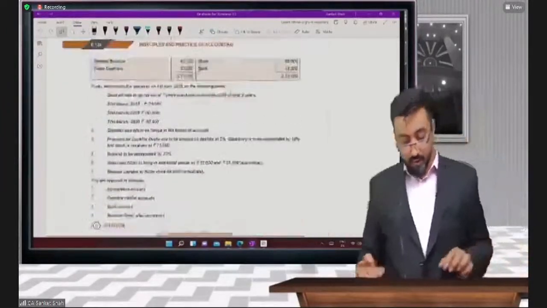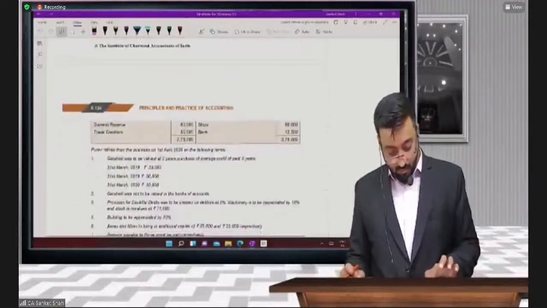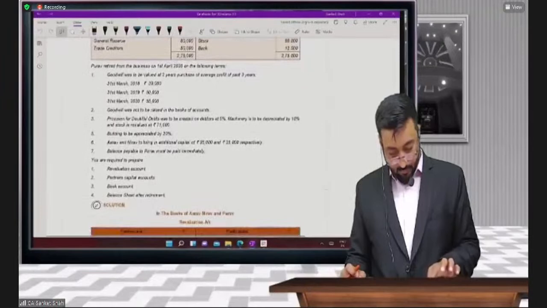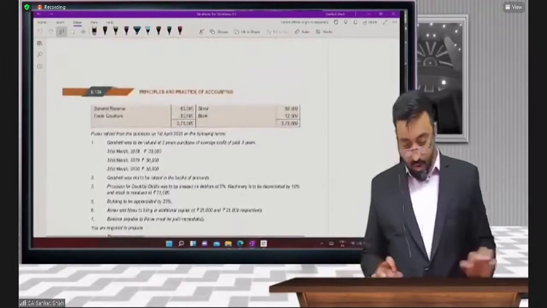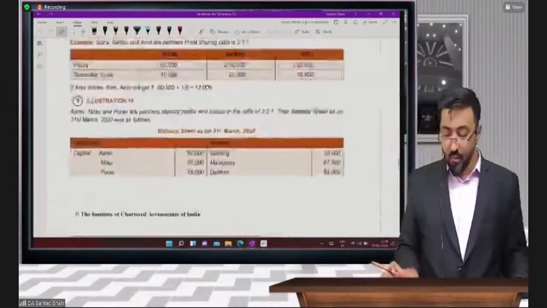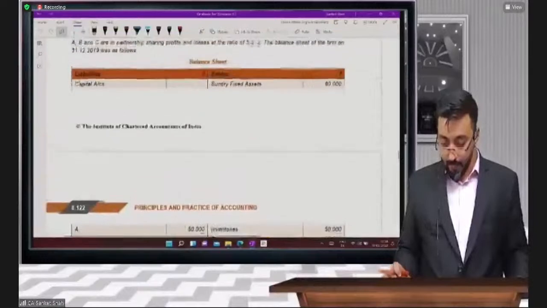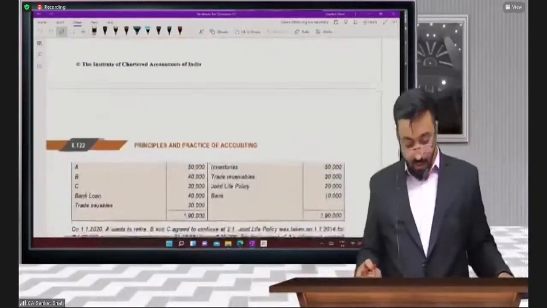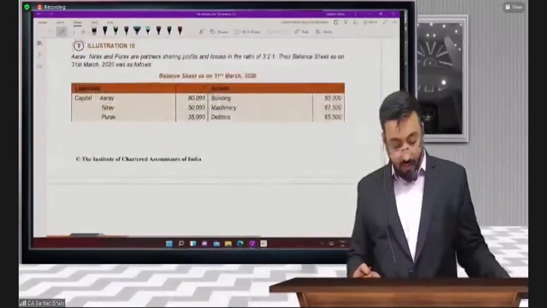There are two questions we have to solve of retirement also, na? Chalo. Come to page number 8.122. Retirement question number 10.